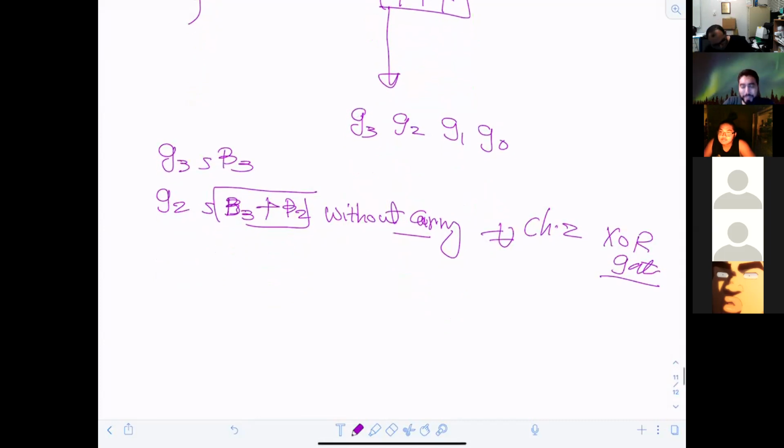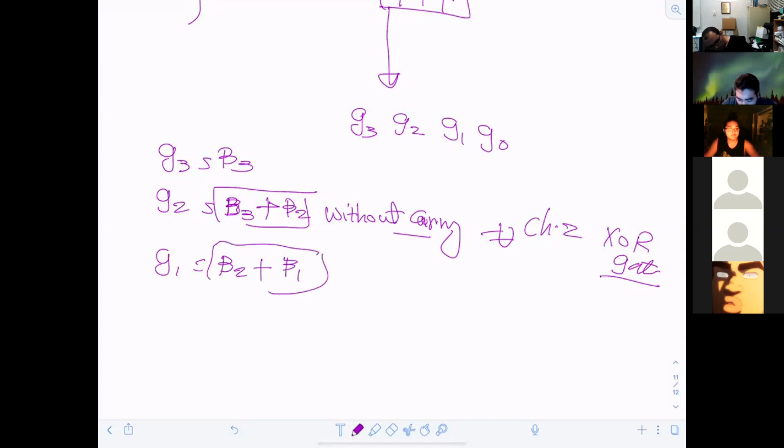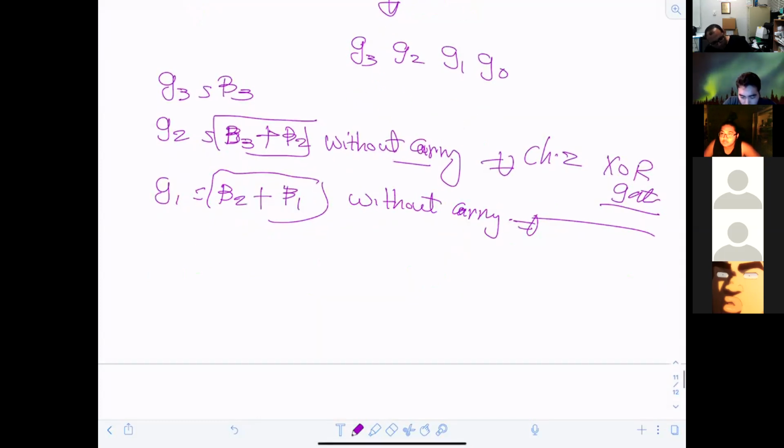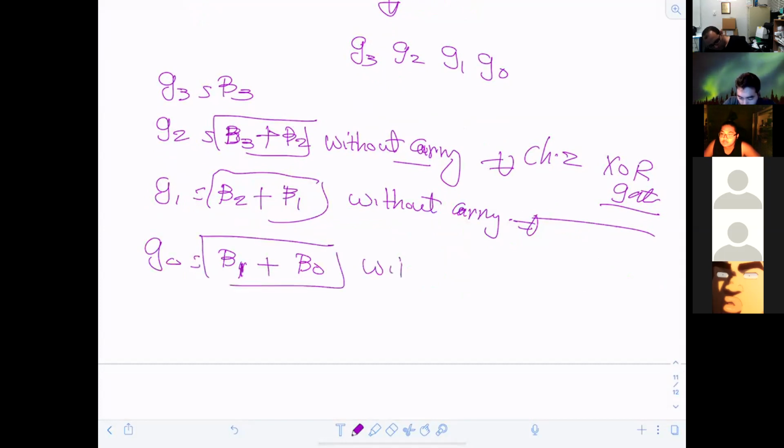Now G1 is basically B2 added with B1 without carry. Then G0 is basically B1 with B0 without carry.